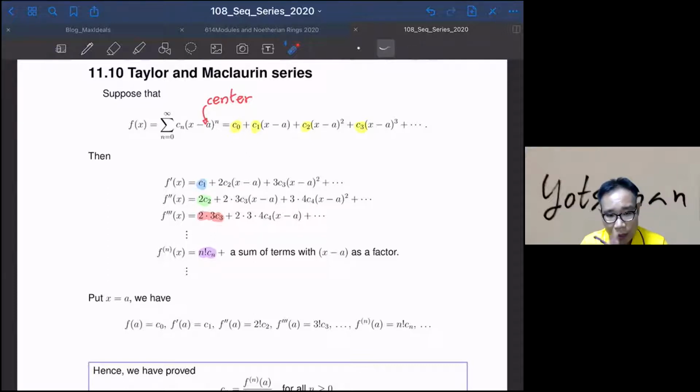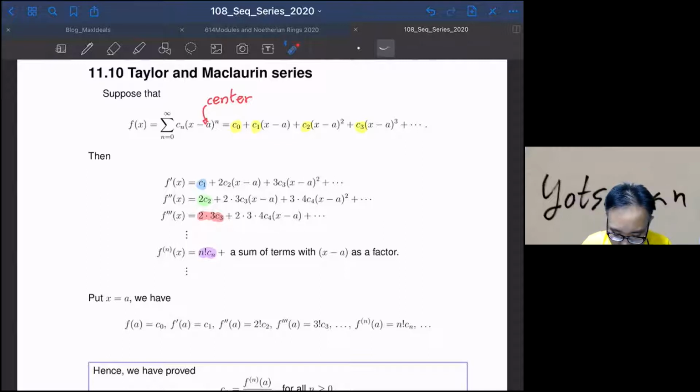And you have the nth derivative. The constant term turns out to be n factorial c_n, and you're going to have the sum of the terms with x minus a factors. So from here, this will lead to the formulas for c0, c1, c2, c3, and c_n by plugging in x equal to a.